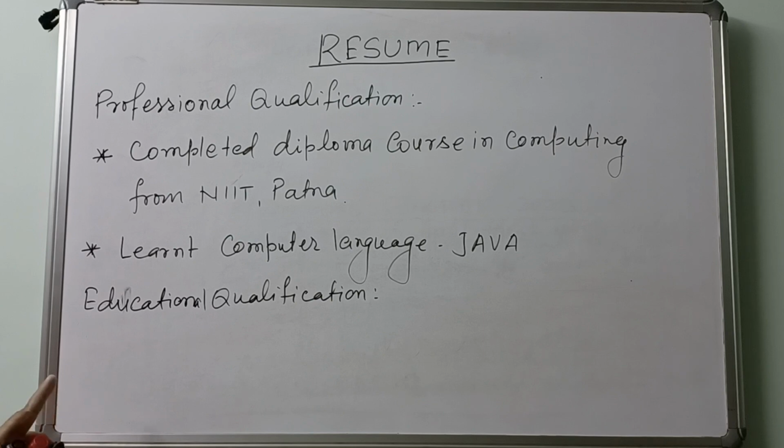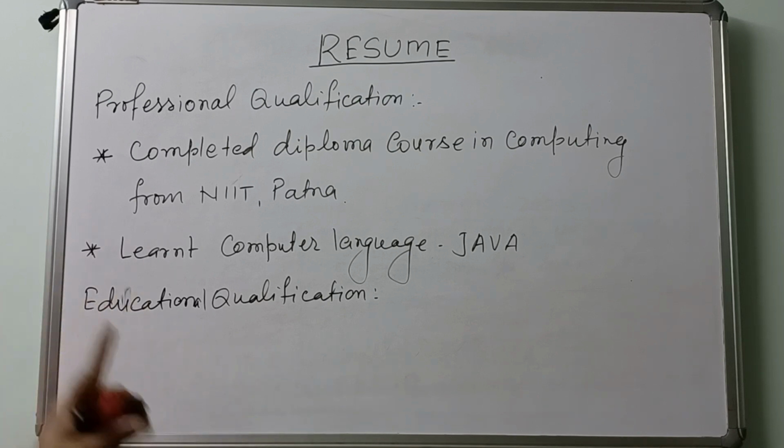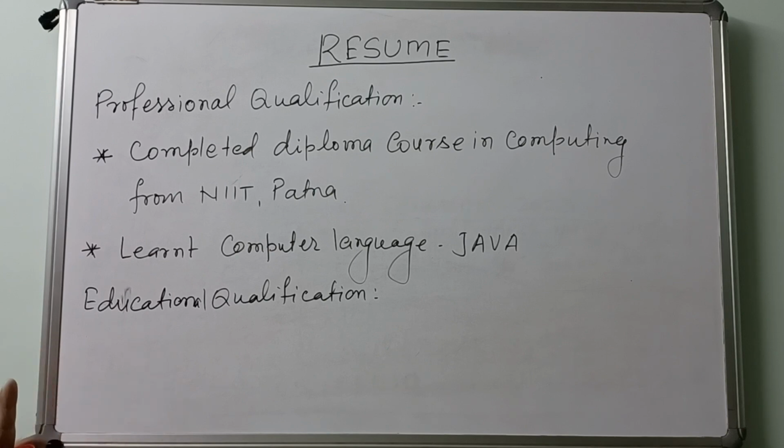Either they will give you an advertisement and ask you to prepare your resume and cover letter and apply for the particular post. If it is not written, in that condition we have to give all details ourselves. And so here I consider that nothing has been written in the question. Whether you are a science graduate, you have completed your BTech, you are a commerce student, you are doing MBA, nothing has been written.